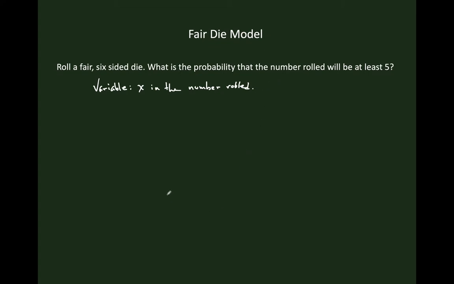Now, I could think about the distribution as a table. So I could say, for example, x and p of x, like this. This might look familiar to some of you. This is like how we would describe functions in algebra class, special relationships called functions.